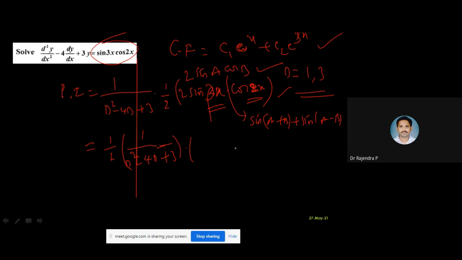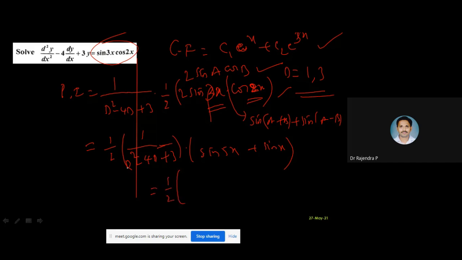Sin(3x+2x), that is sin 5x, plus sin(3x−2x), that is sin x. Got it? This is equal to 1 by 2.